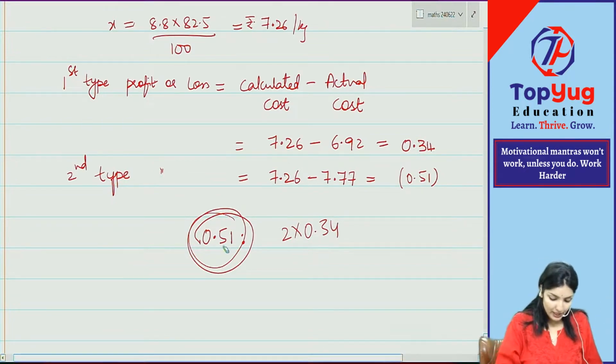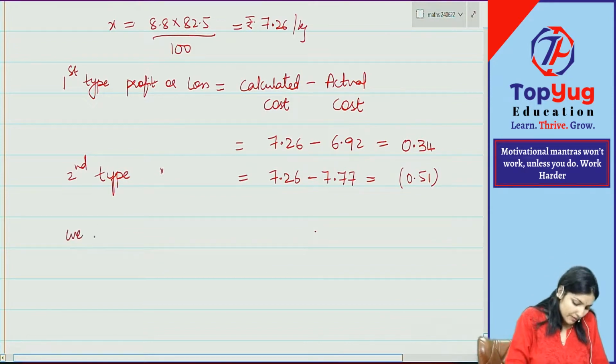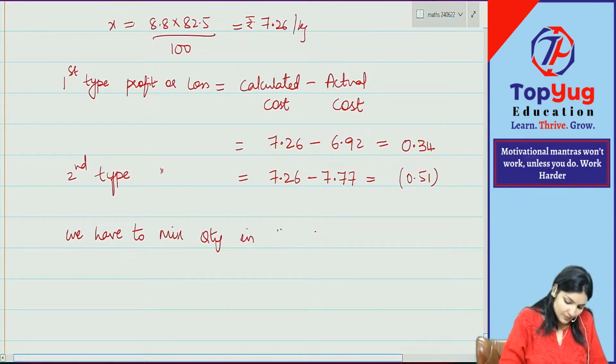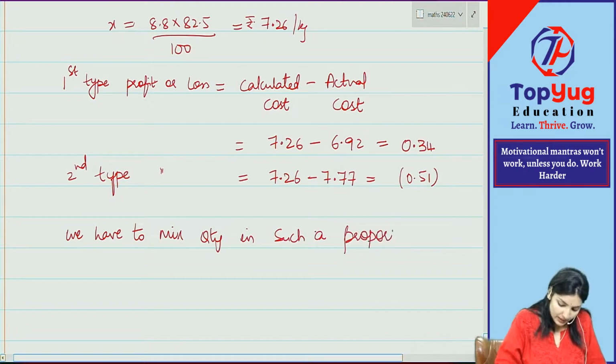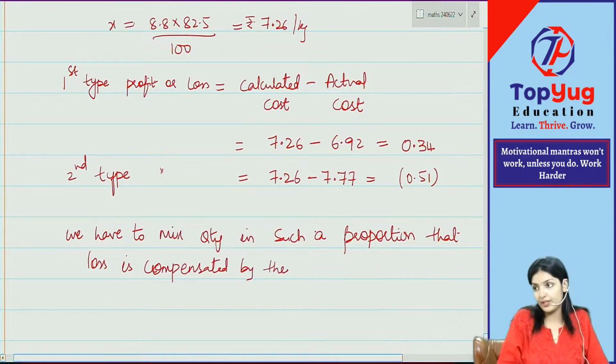Now the whole point behind this is the sentence which I'm going to tell you, that we have to mix quantities in such a proportion that the loss is compensated by profit.